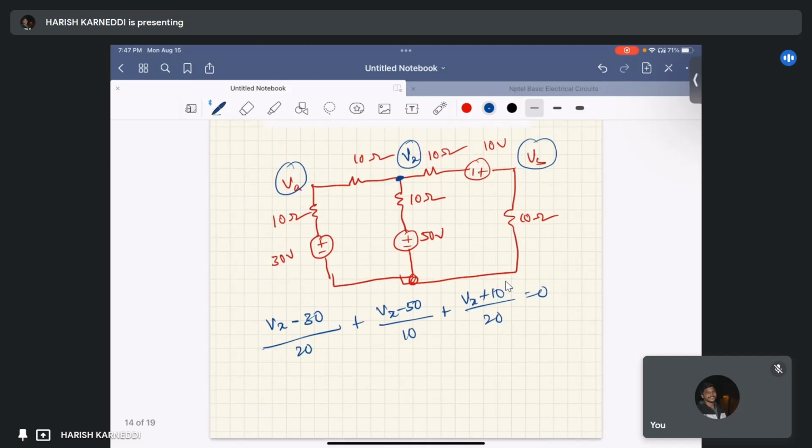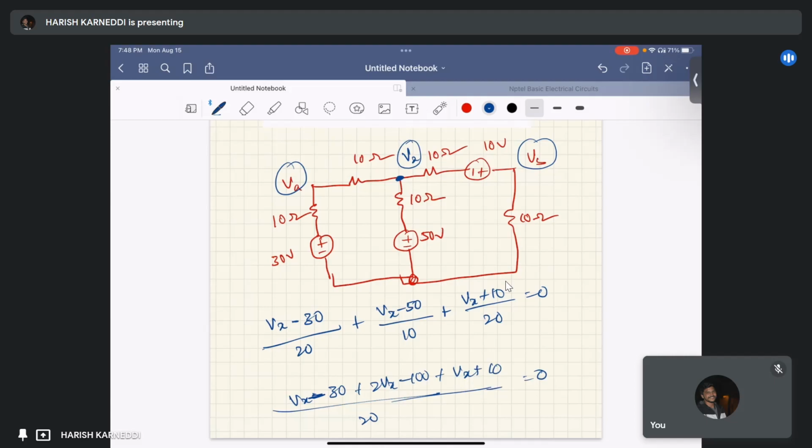The LCM is 20. That is equal to Vx minus 30 plus 2Vx minus 100 plus Vx plus 10 equal to 0.